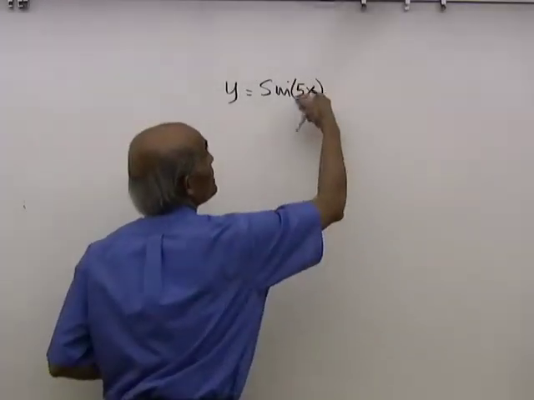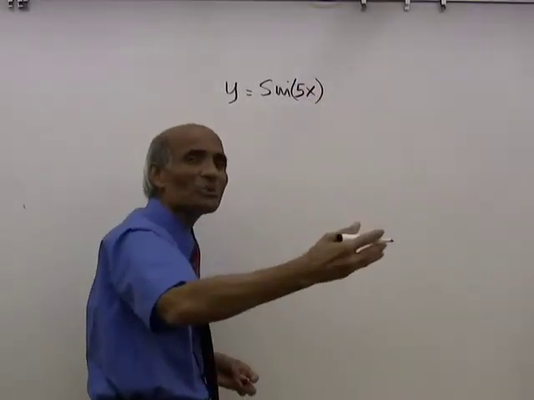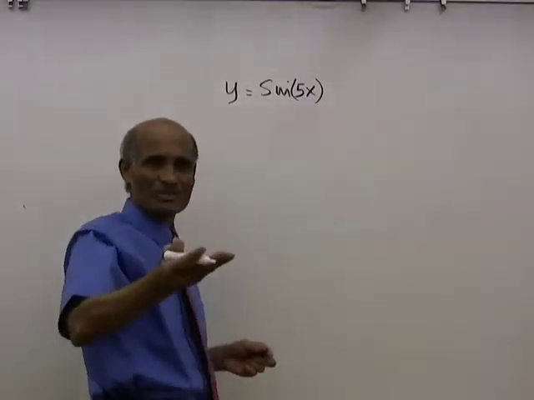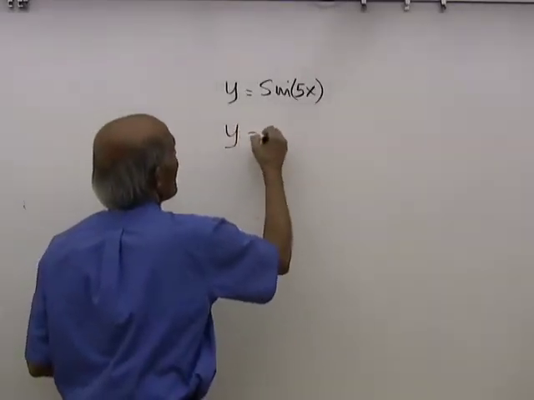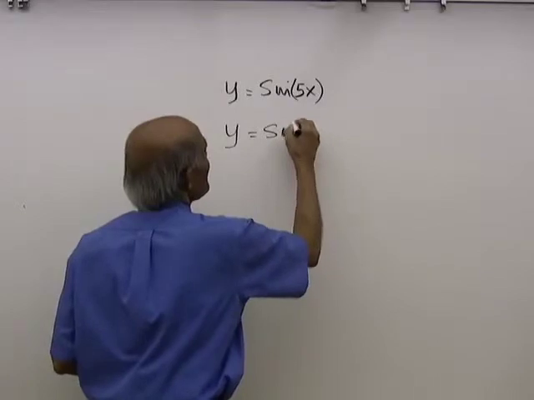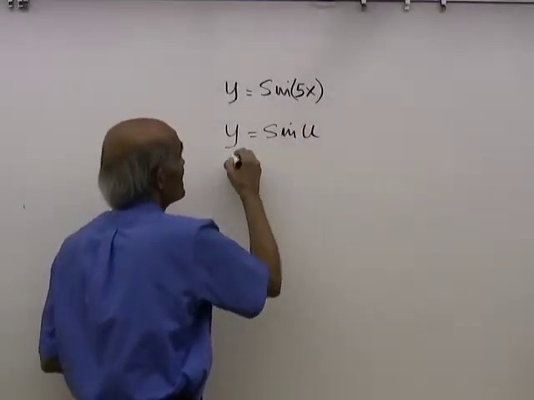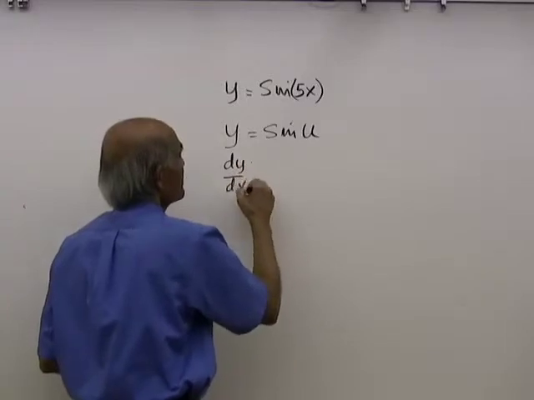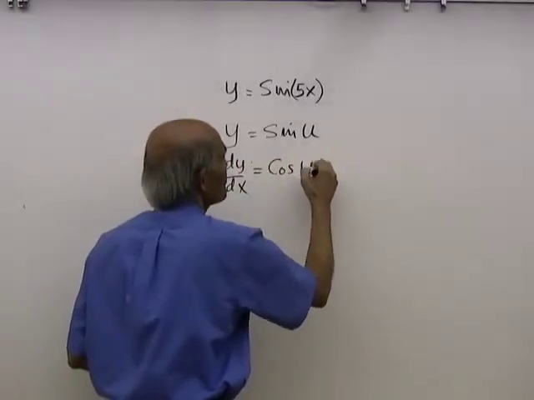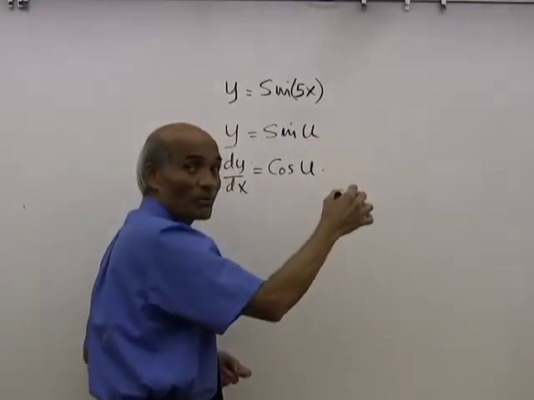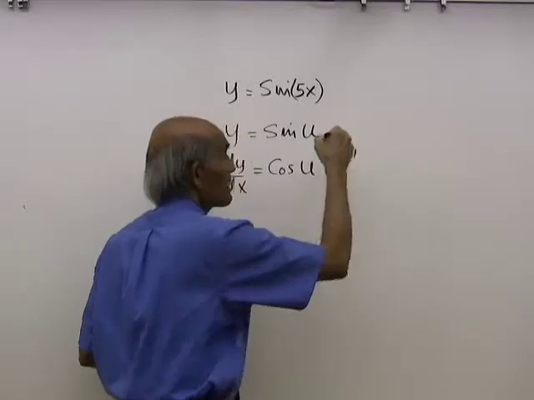In fact, we are calling this 5x equal to u, that u is our quantity. So if you have y equal to sine of u, then we can write dy by dx as cos of u, and then you have to multiply it with the derivative of u, u prime.